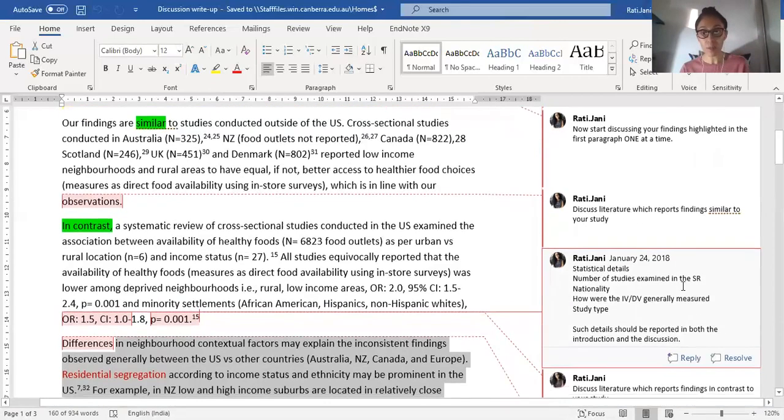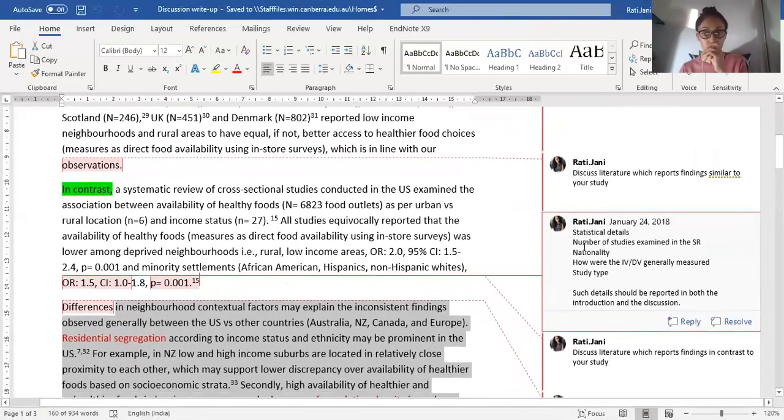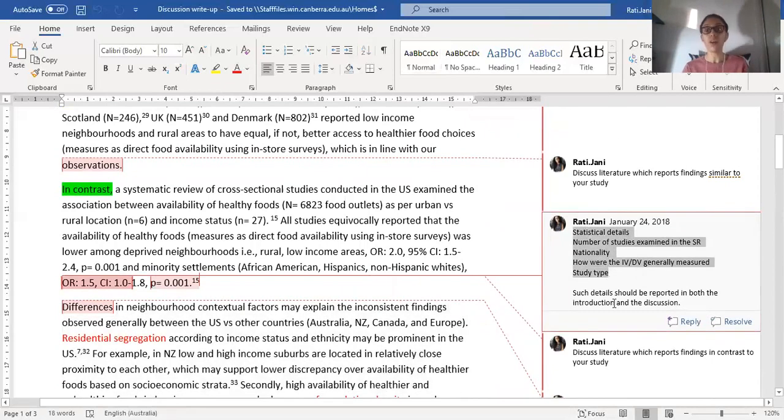Now, guys, these are some things which I have reported over here, which you should be very careful about. When you're discussing findings and quoting other people's studies, you need to have details of those studies. I have done a lot of commenting on this in your ethics application, so that learning starts from that phase itself.